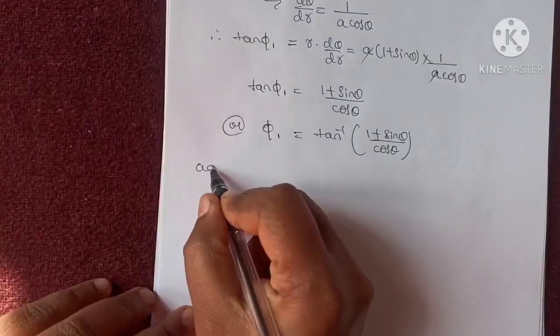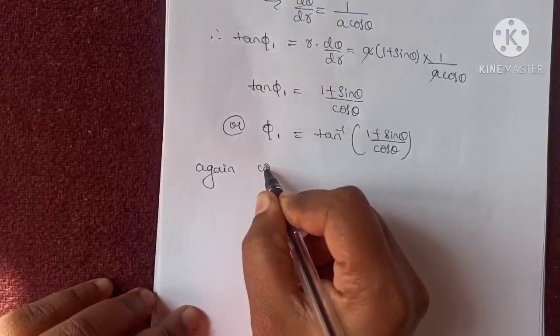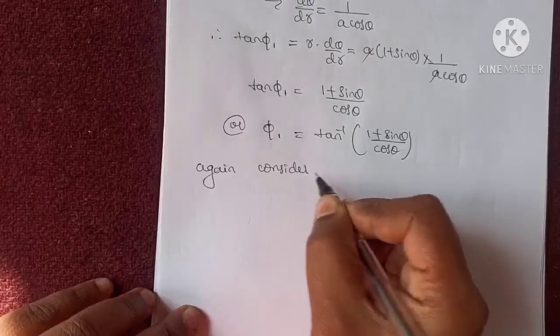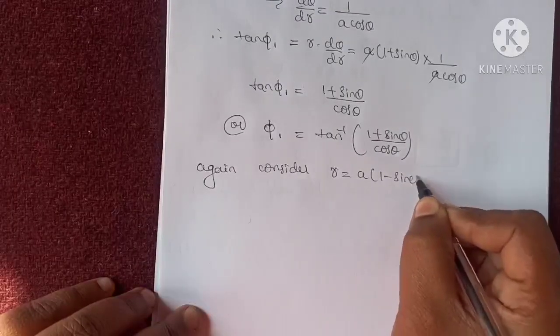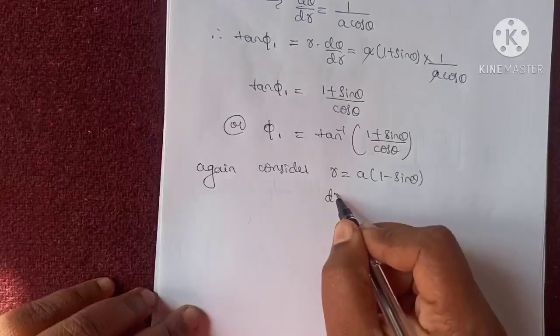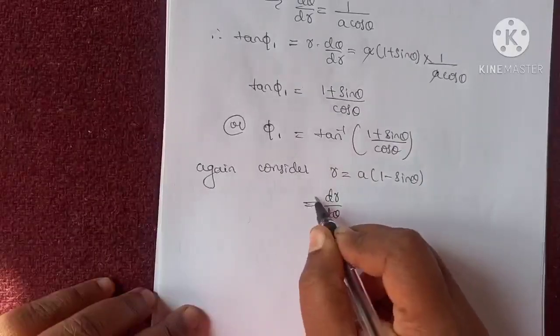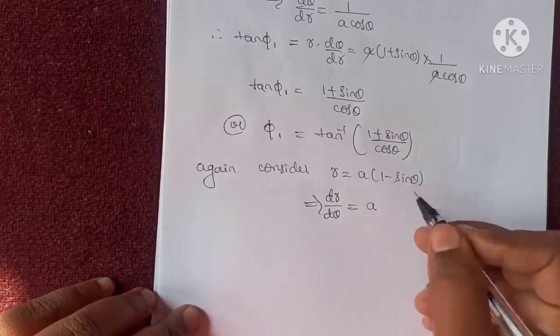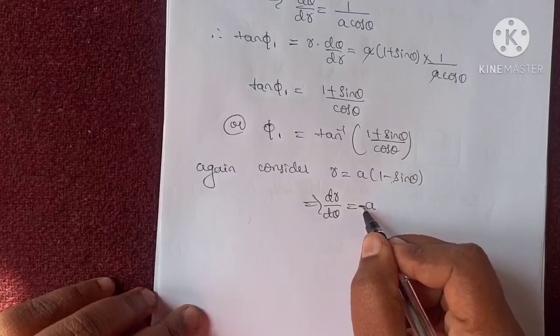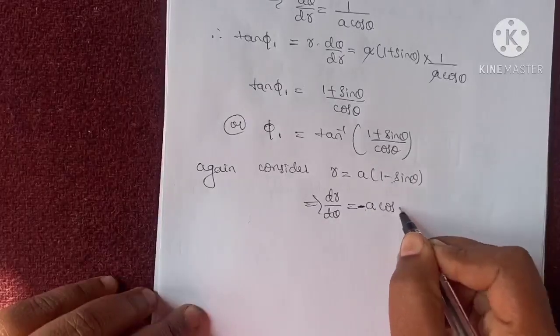Now again consider the second curve, r equals a into 1 minus sin theta. Differentiating, we get dr by d theta equals a into the differentiation of 1 minus sin theta, which is minus a cos theta.